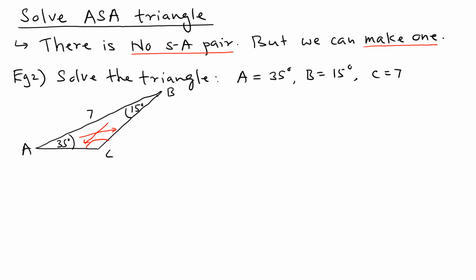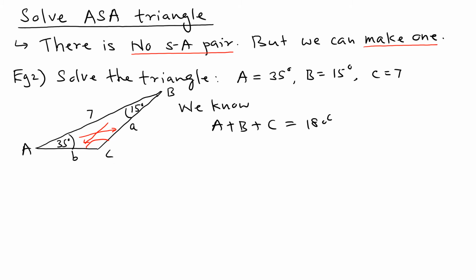And then I'm going to call this side A and this side B. So we can write, we know that A plus B plus C equal 180.